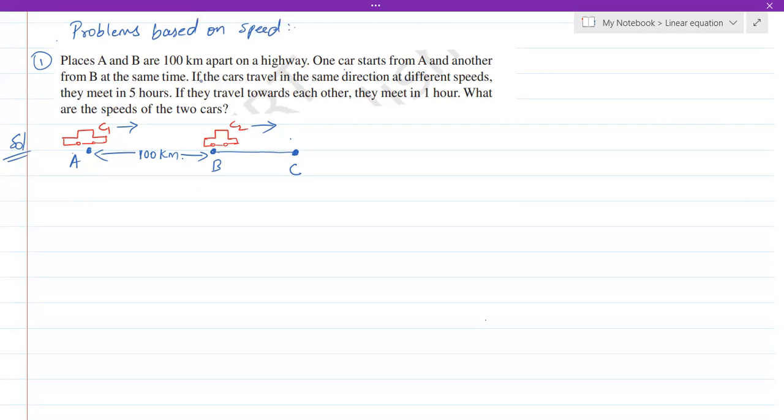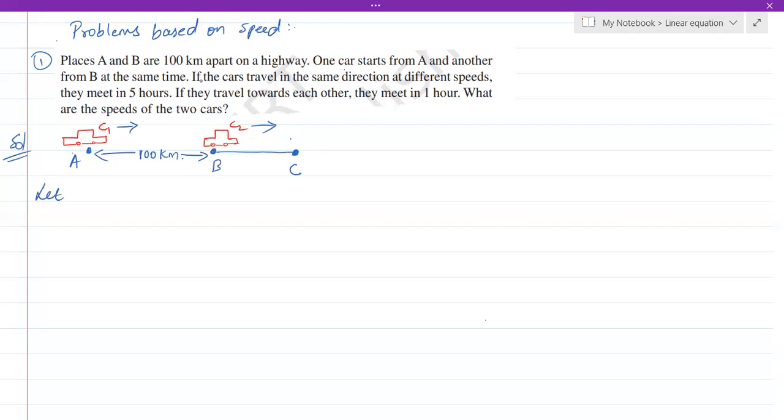Now, the distance traveled by car 1 is in how many hours? 5 hours. It starts at A, and after 5 hours it reaches point C. Car 2 starts at B, and after 5 hours it also reaches C. First let's assume the speeds of the cars.